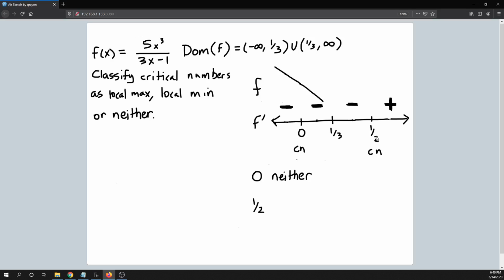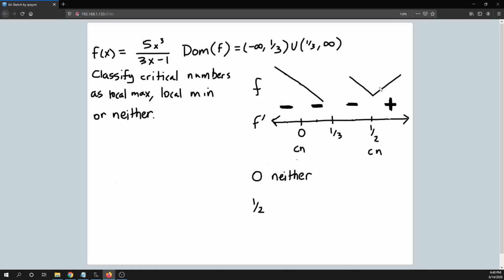Looking at 1/2, we see that on the interval immediately to the left of 1/2, the derivative was negative. That means the original function f had to be decreasing. Then on the interval immediately to the right of 1/2, we see that the derivative is positive, so the function was then increasing to the right of 1/2.